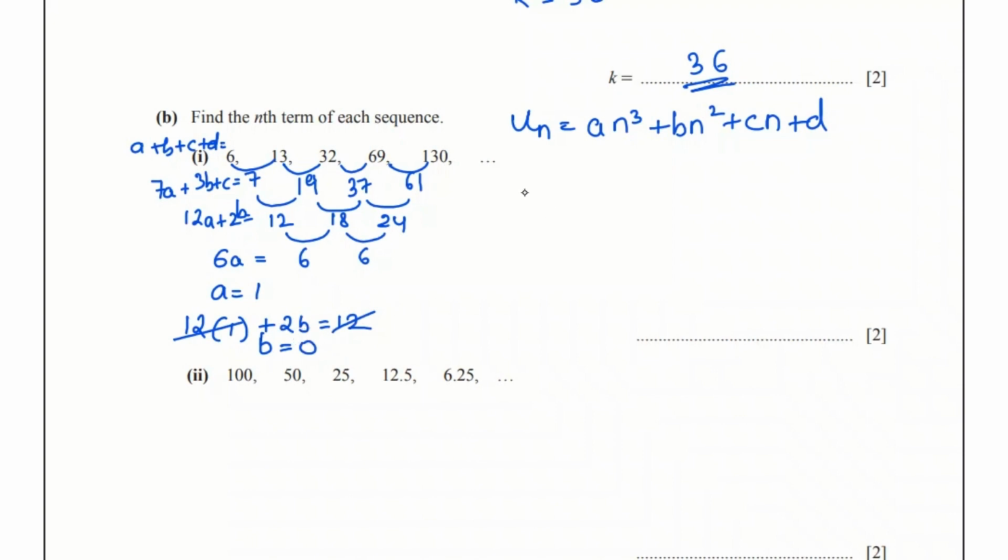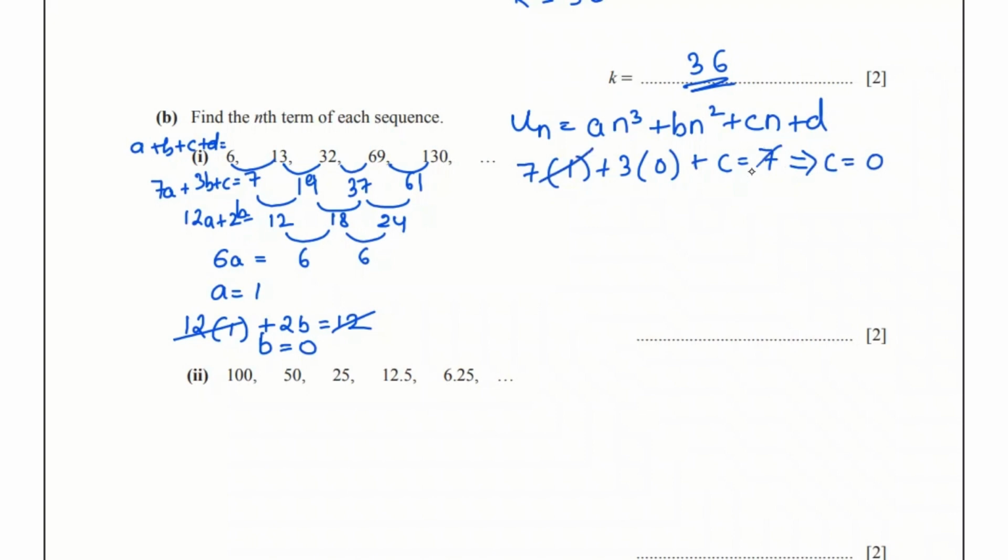Now put these values of a and b into 7a plus 3b plus c equals 7. From this I get c equals 0.